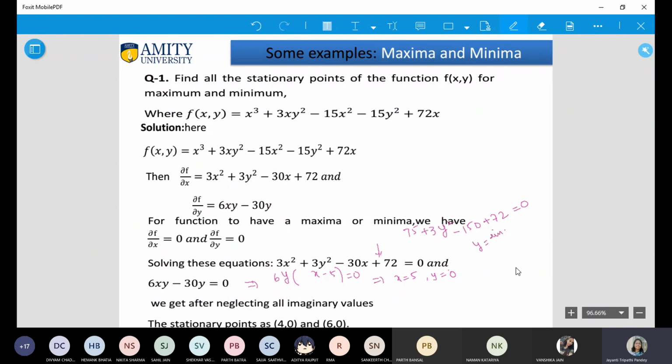Yes or no? No, we are not getting y imaginary. You are getting 3y square... something is wrong here. Class, are you solving? Yes, ma'am.